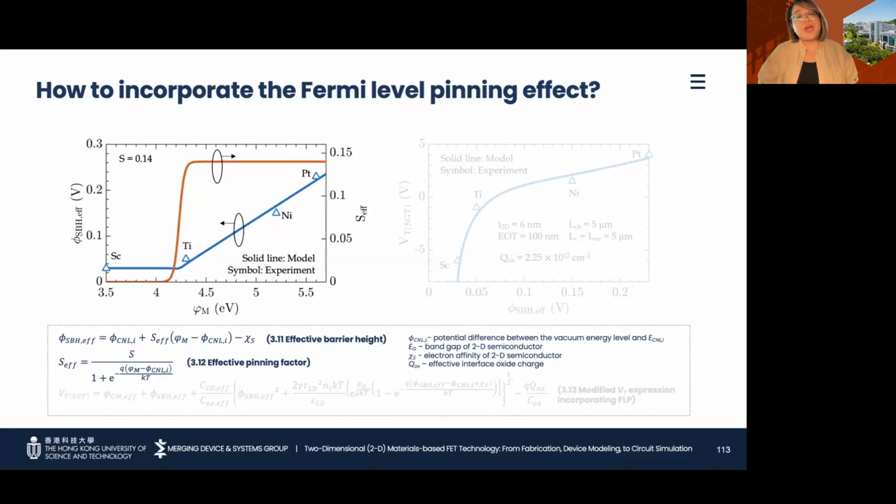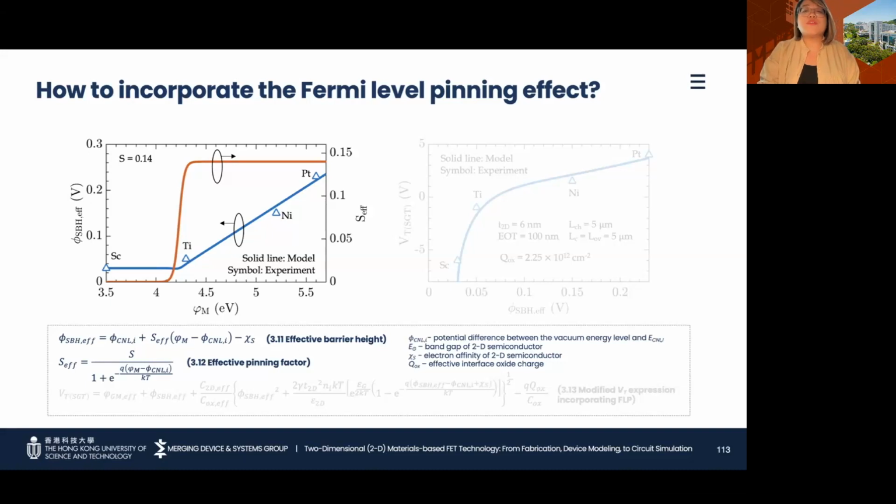When a lower work function metal is used, aligning above the conduction band edge of MoS2, the pinning factor becomes unimportant as there is a high density of electrons, and the transition of the effective pinning factor as a function of metal work function is exponential, as governed by Fermi-Dirac distributions. To incorporate the Fermi level pinning effect, we therefore need an effective barrier height and pinning factor or S parameter that are consistent with the physical picture I just explained. They are expressed using the following expressions.